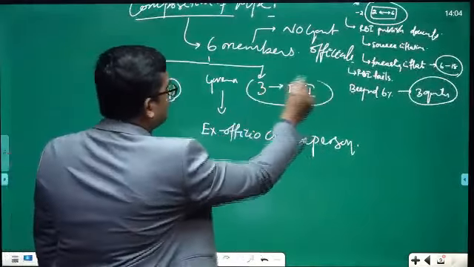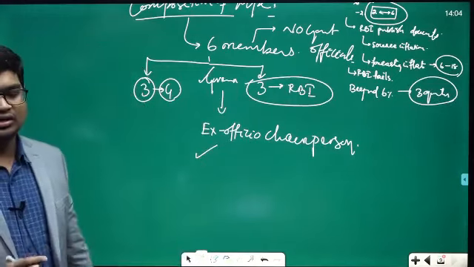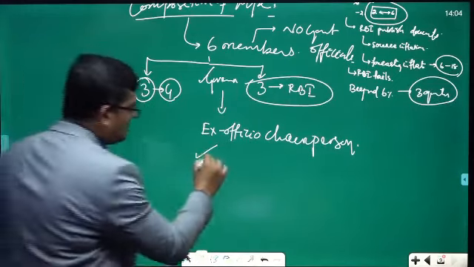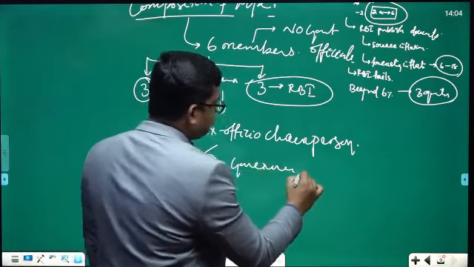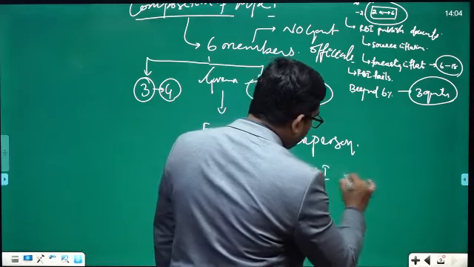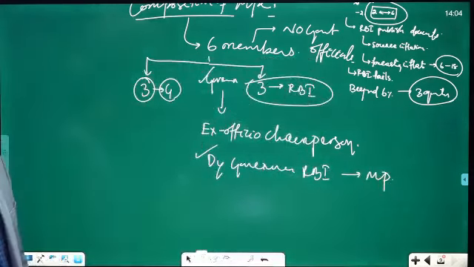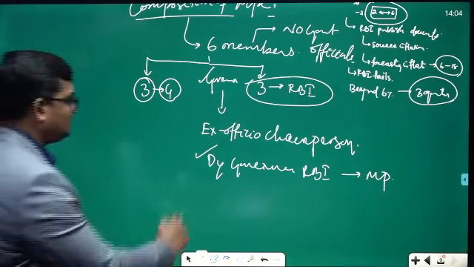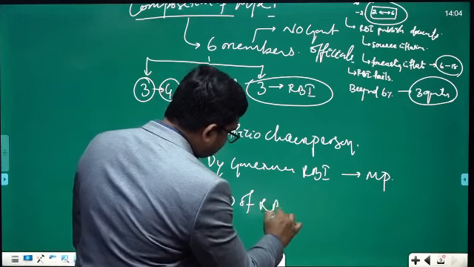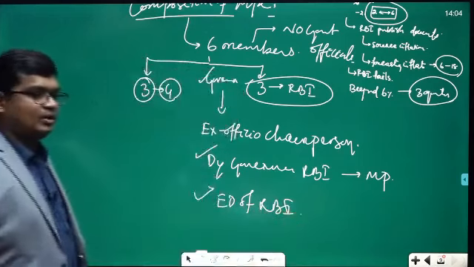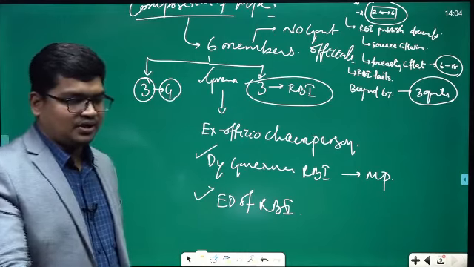Out of these 3, one is the governor and the second one is the deputy governor who is in charge of monetary policy in the Reserve Bank of India. And the third, one of the executive directors of the RBI.